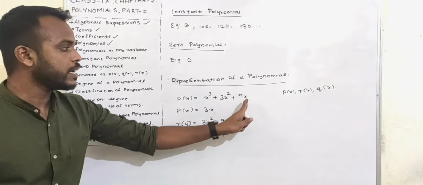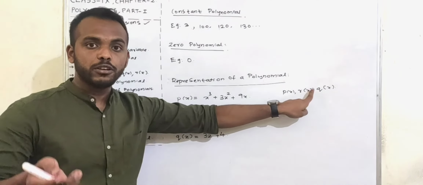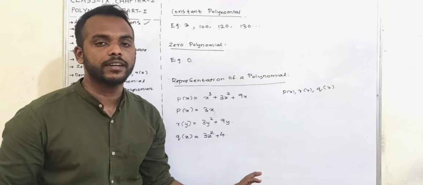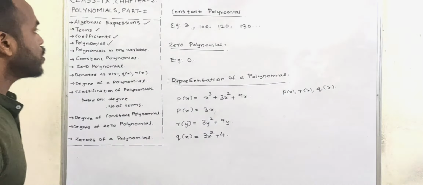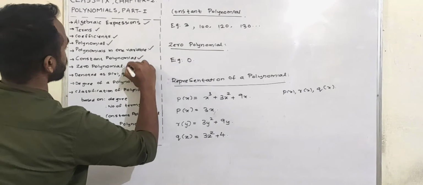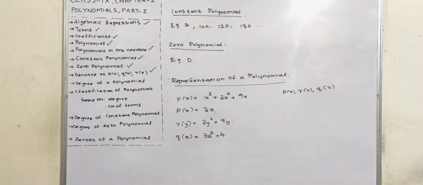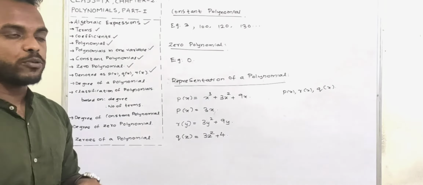This is the way to write a polynomial. So like p of x equals, r of x equals, q of x equals. Generally it is written in this format. That's all. So we have studied constant polynomial, zero polynomial, and how it is denoted. Now the next part is the degree of a polynomial.